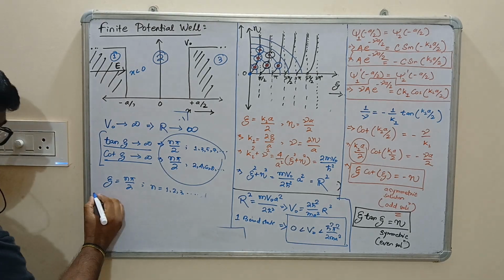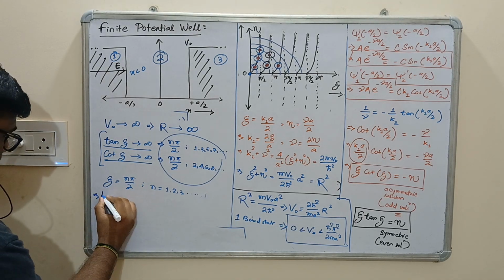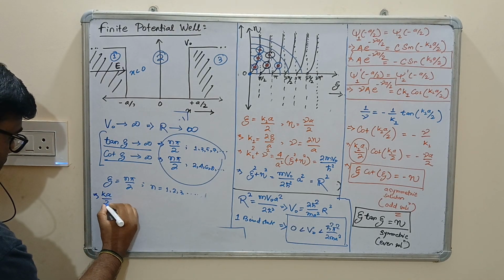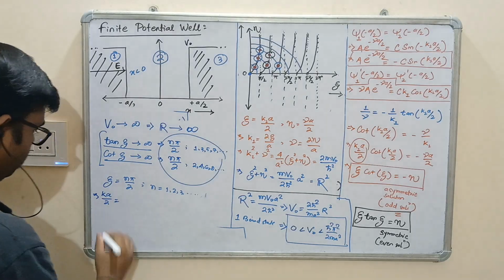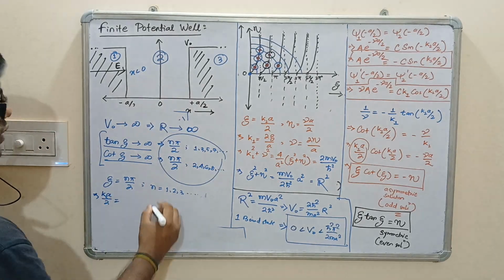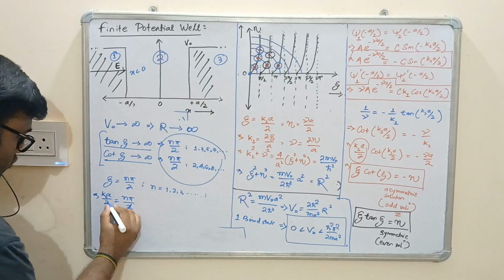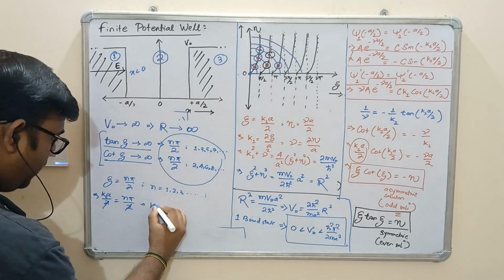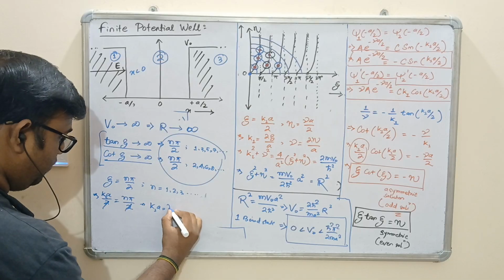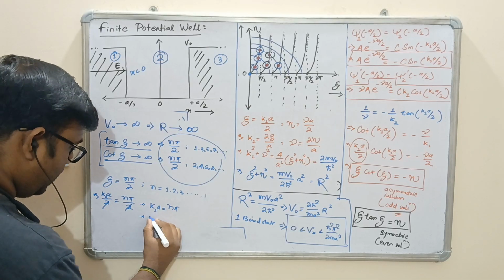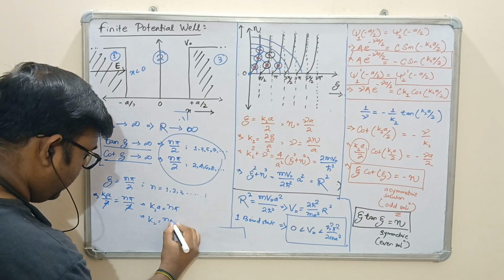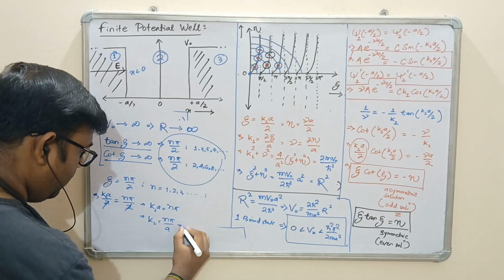Alright. Now instead of eta, we can write it as k1 a by 2 equal to n pi by 2. The 2 cancels, so k1 a equals n pi, and k1 equals n pi by a.